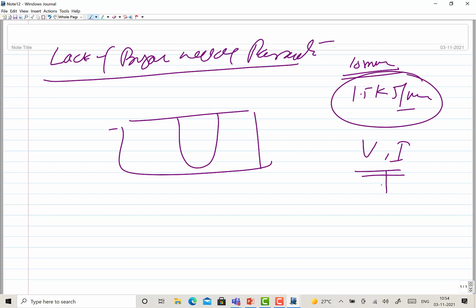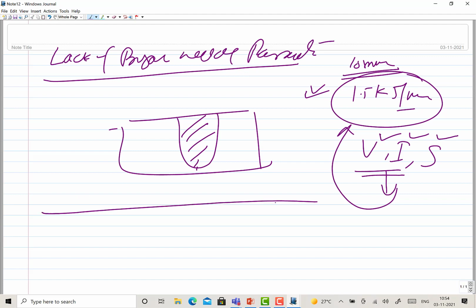If your welding current, voltage and speed combination does not correspond to this minimum heat supplied for through thickness penetration, then what will happen? You will not get the through thickness penetration.